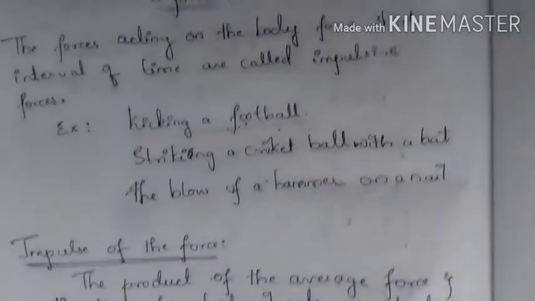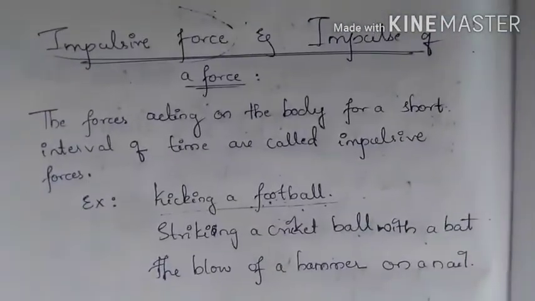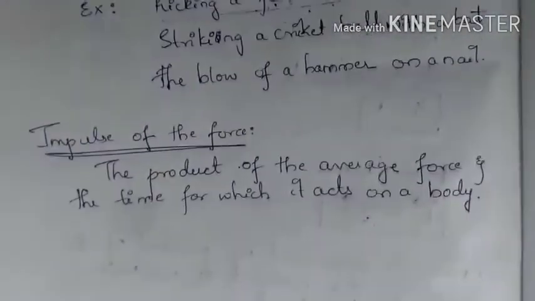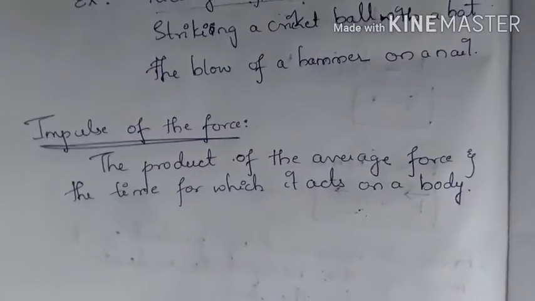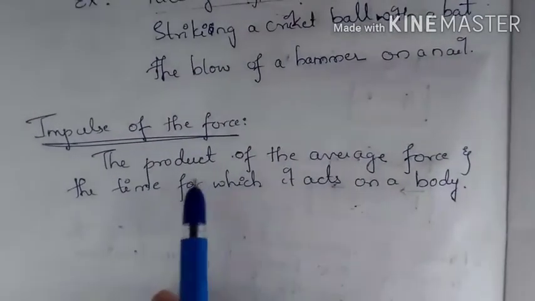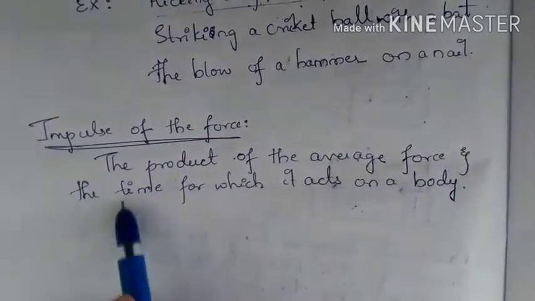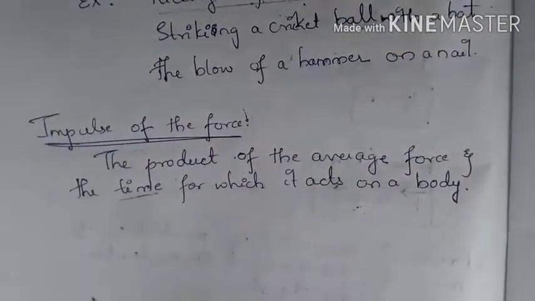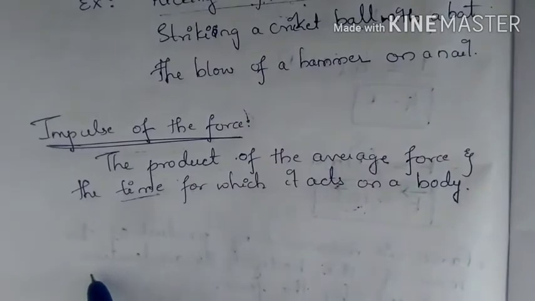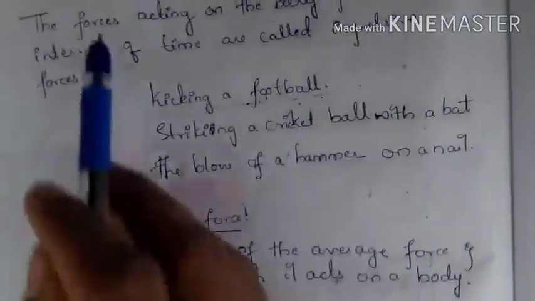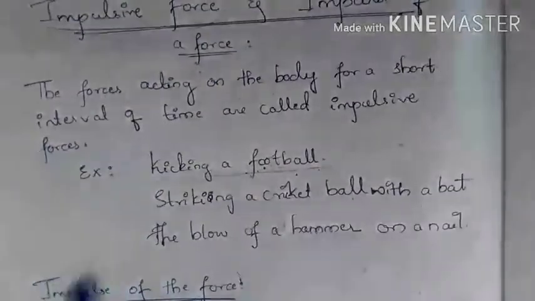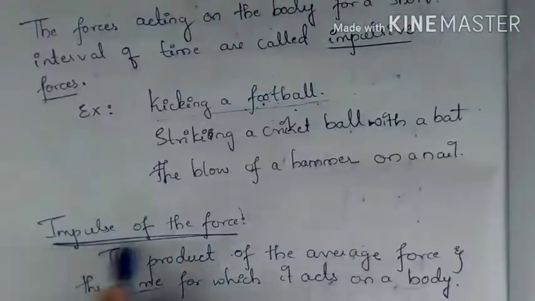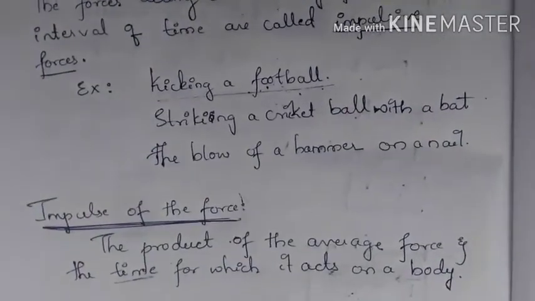Since we cannot measure the magnitude of this force directly, we are taking the product. Product means multiplication. So the product of average force and time will give you the impulse of the force. Hope you have understood the difference: impulsive force is different and impulse of the force is different.